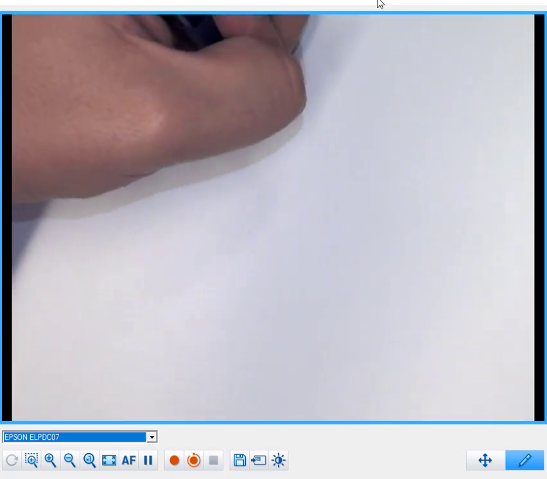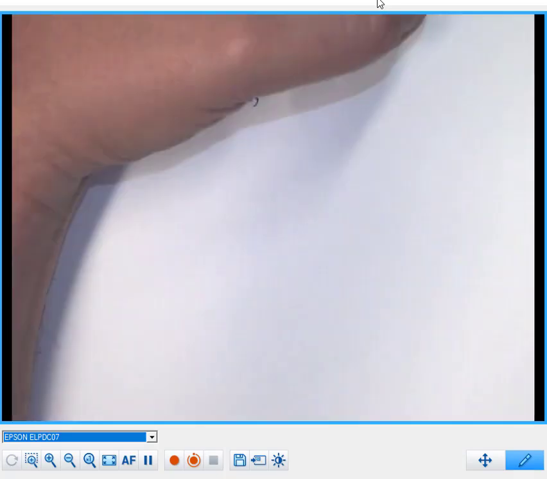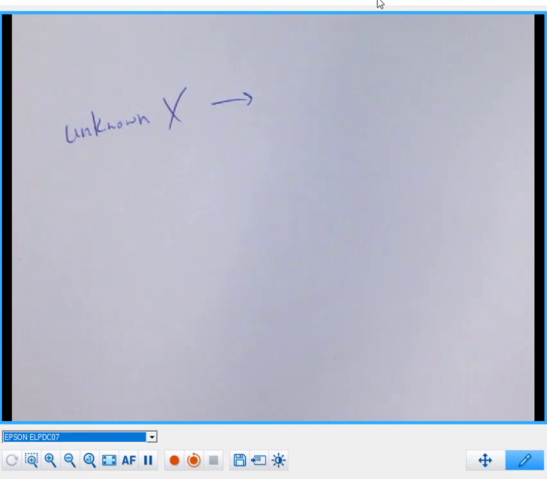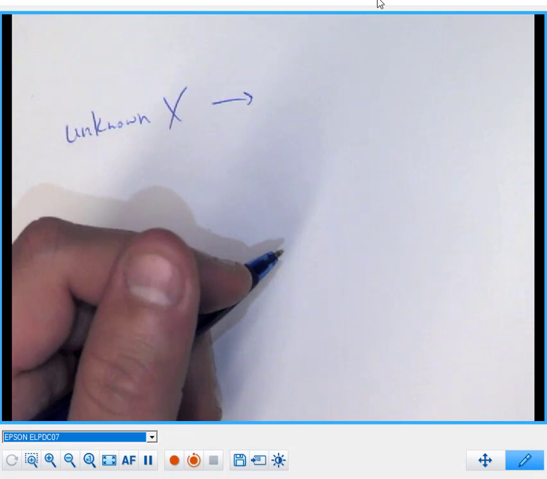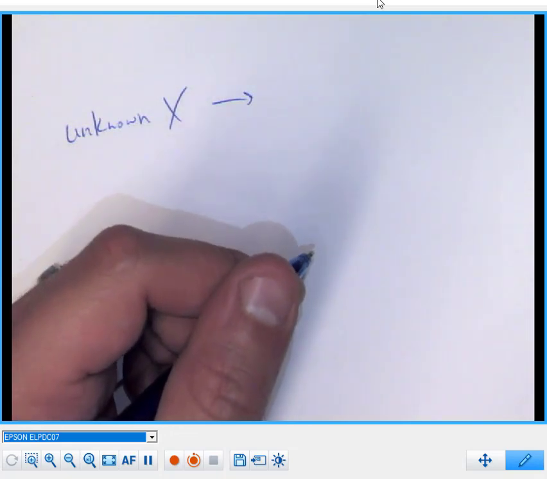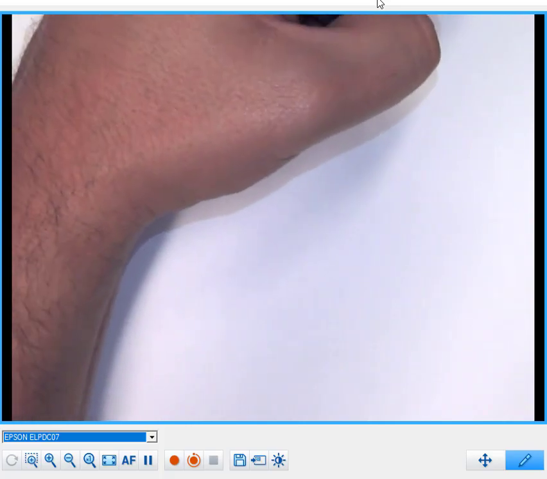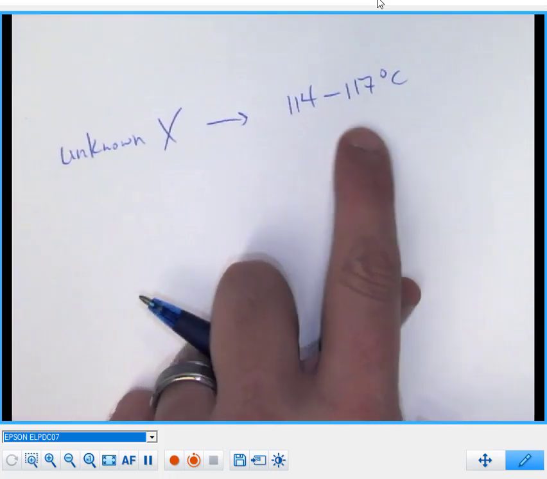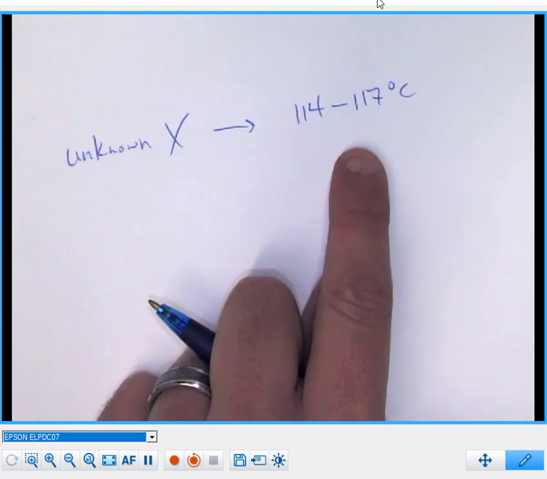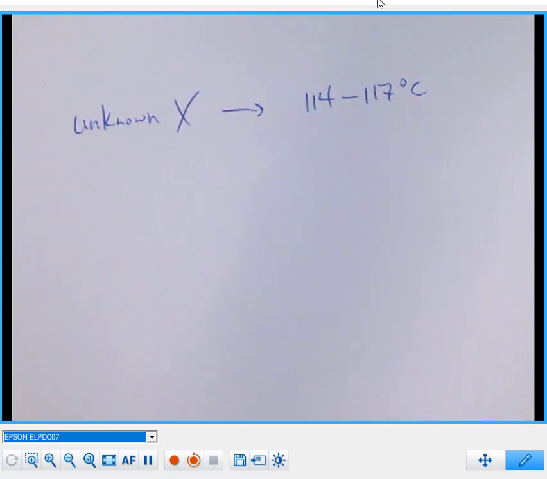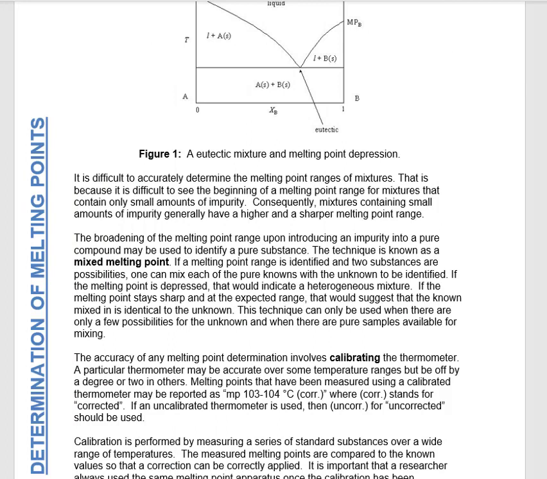And let's say you recorded a melting point range of, and I'll use the values from the manual from the experiment, 114 to 117 degrees C. So when I looked at that unknown, that's the melting point range I got. And so what I said was, well, when I look at my manual, in my list of compounds, I see, let me go back to my table real quick.